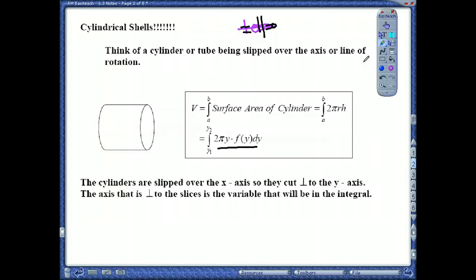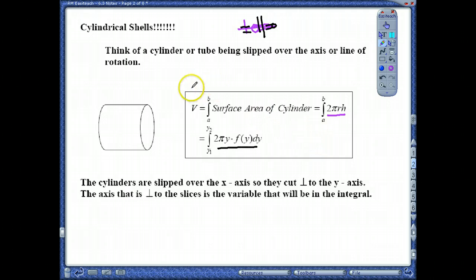So some of the cylinders are going to be very wide and squatty. Some of them might be very tall and narrow. But you're filling the area with the entire cylinder itself. So it's not a cross section, it's not a slice, it's a cylinder. So we're going to be filling it with the surface area of a cylinder.